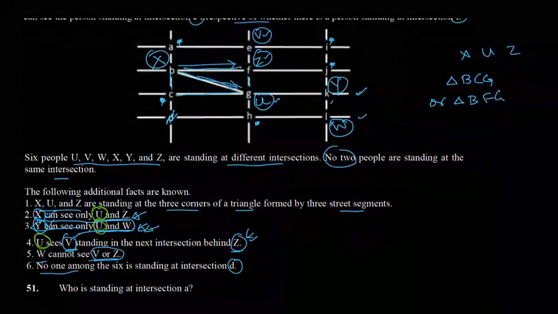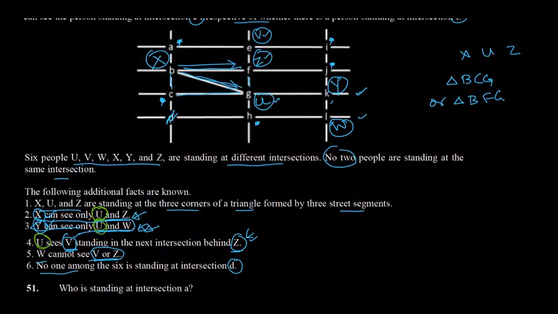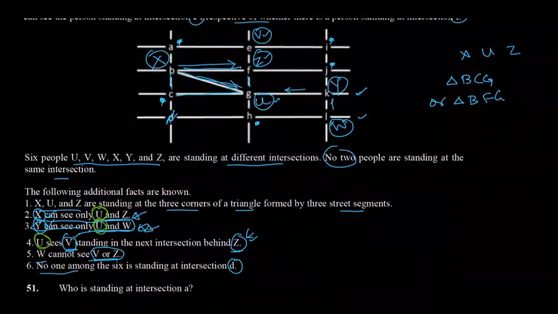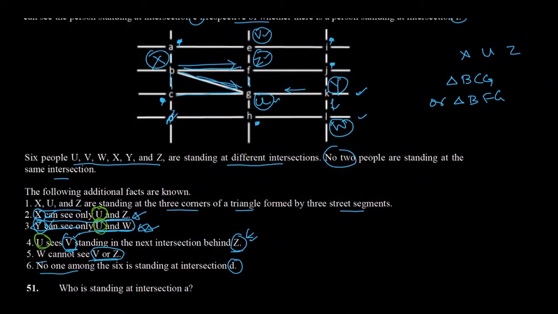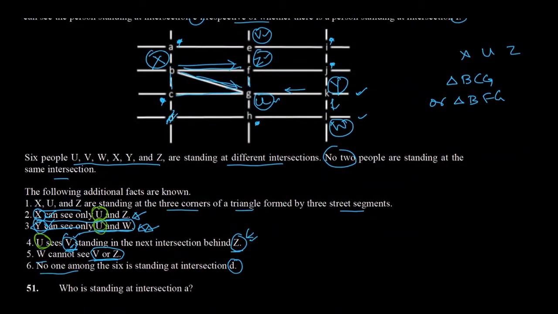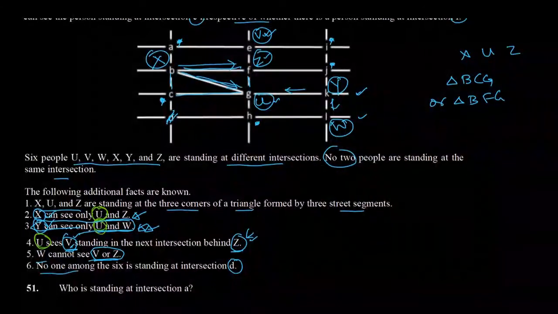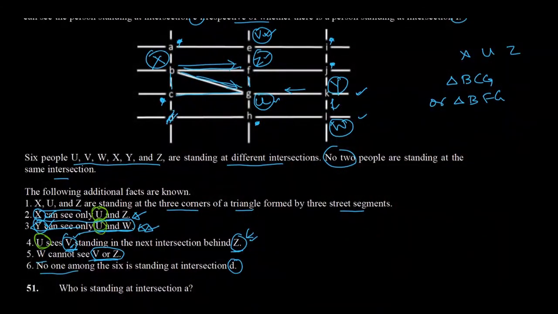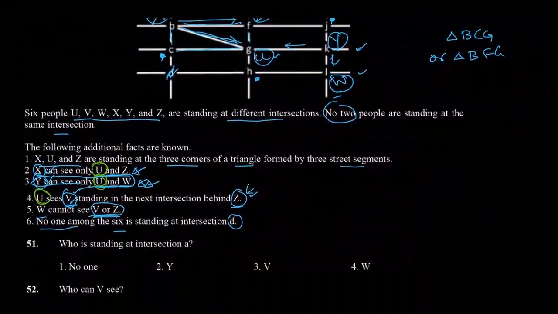Y can see only U and W. U can see V standing in the intersection behind Z, which is correct, and W cannot see V or Z, so W can see only Y, and no one is standing at D. So we have all the points covered, and this is the order of how they are standing.